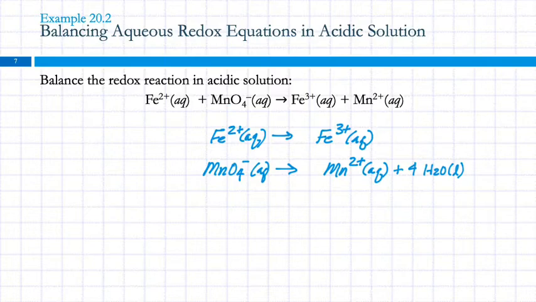Is it balanced now? No, now I've added H in them, so that's all messed up. It's an acidic solution. We balance the H with H+. So I've got a total of 8 hydrogens over here. So I'm going to fix this by adding hydrogen ions over here. And I need 8 of them.